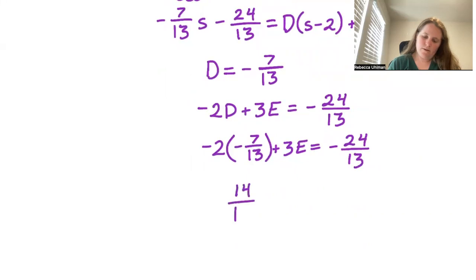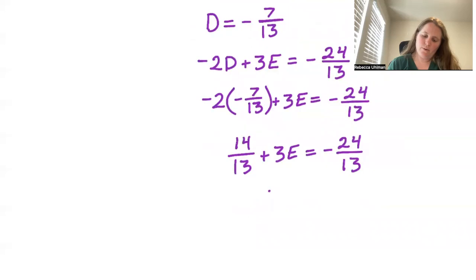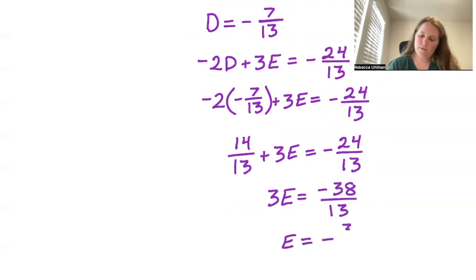We have 14/13 plus 3e equals -24/13, or 3e is equal to -38/13, or e is equal to -38/39.